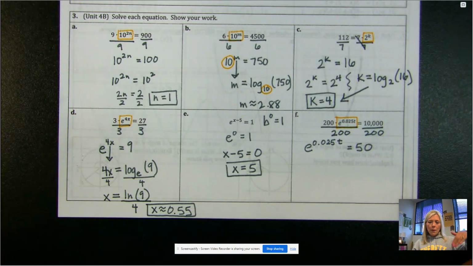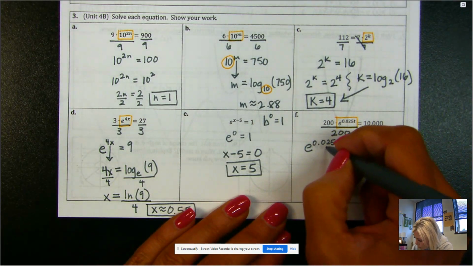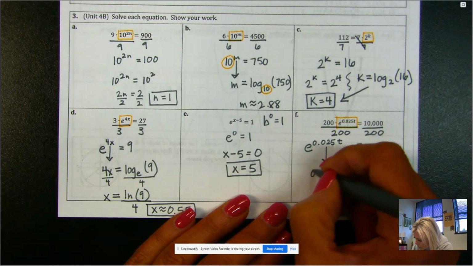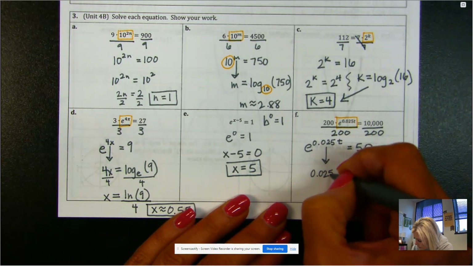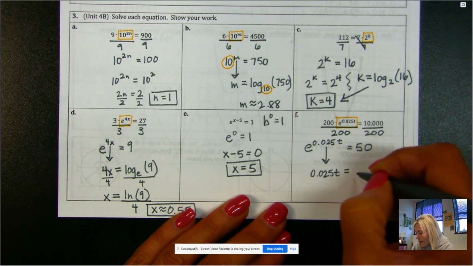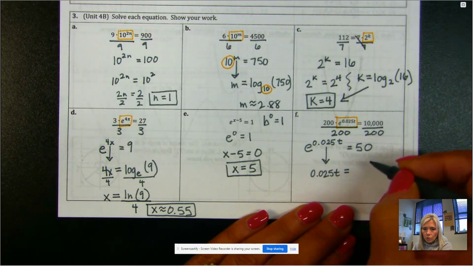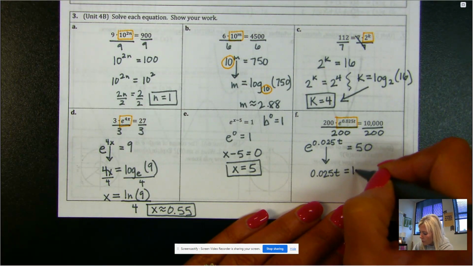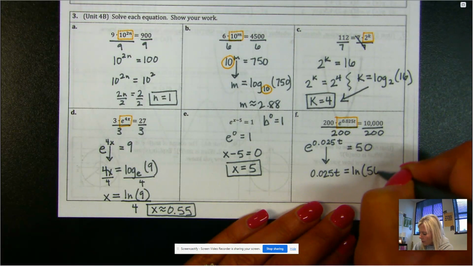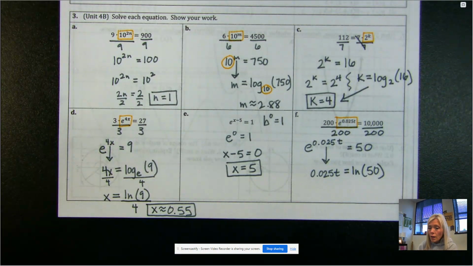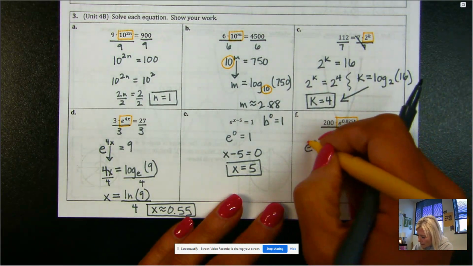All right, so we've got the base, the exponent comes down, we switch to log form. So that whole exponent comes down, 0.025t. And then I'm just going to write the natural log of 50. Natural log of 50. Again, it's natural log because the base is e.